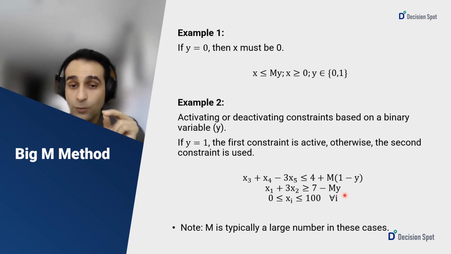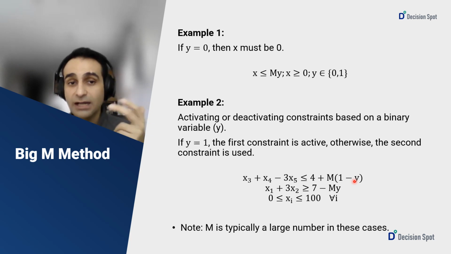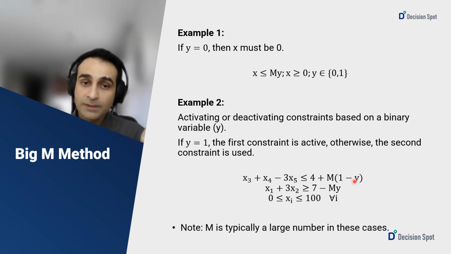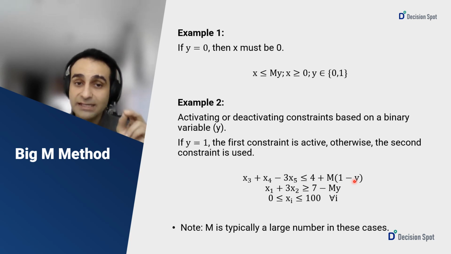Similarly, when y is equal to 0, the second constraint is active, and the first one will have a large enough value on its right-hand side to make it inactive. Now you can see how the use of Big M allows us to control which constraints are active depending on the value of y. In both of these examples, the value of M should be large enough to avoid accidentally limiting the model, but there is a catch.